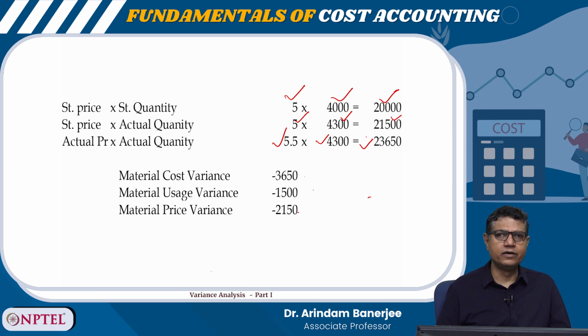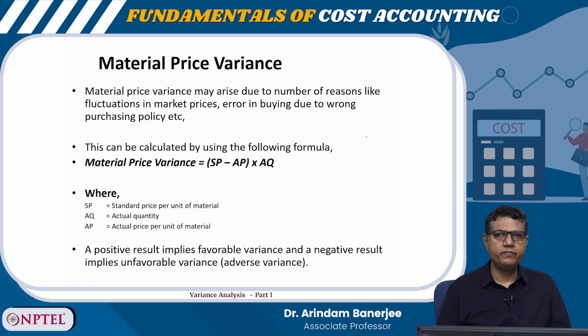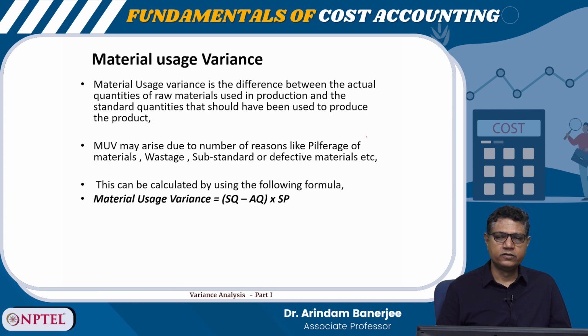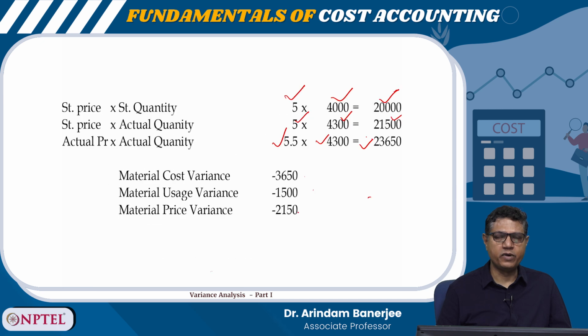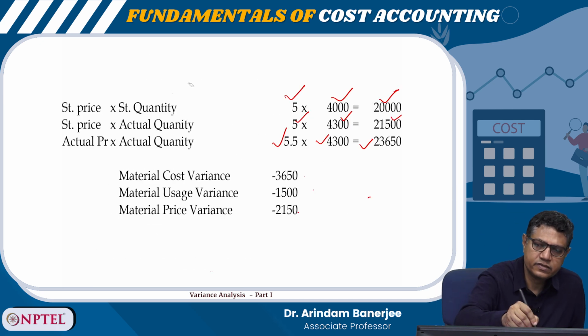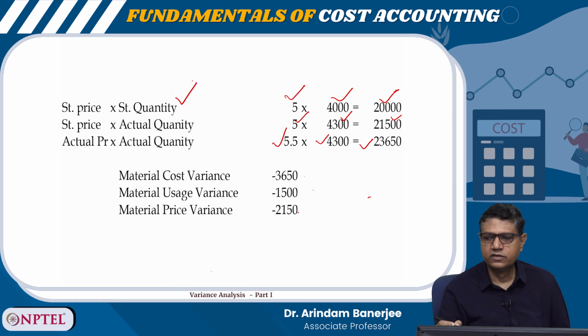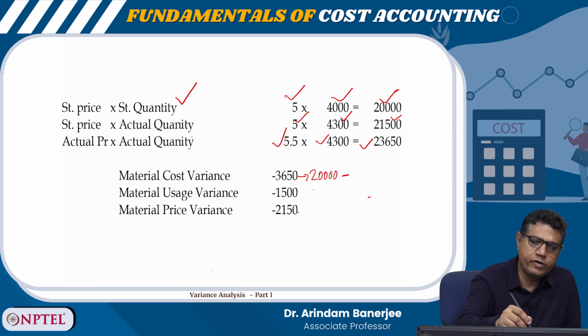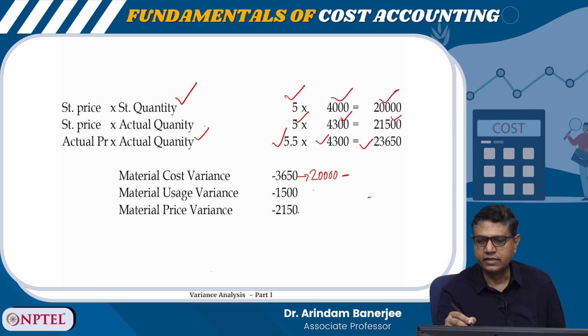If you go back to the formula, what is the formula? Material cost variance is standard quantity into standard price minus actual quantity into actual price. So standard quantity into standard price is 20,000, minus actual quantity into actual price, which is 23,650.